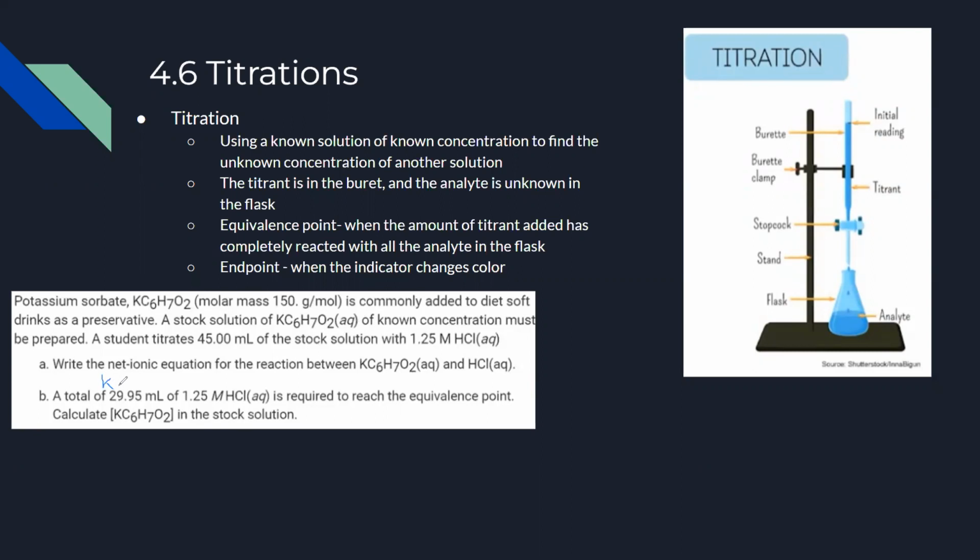So you have K plus, C6H7O2 minus, plus HCl. As HCl is a strong acid, it dissociates completely. So that creates KCl, K plus Cl minus, plus HC6H7O2, as that's a weak acid.